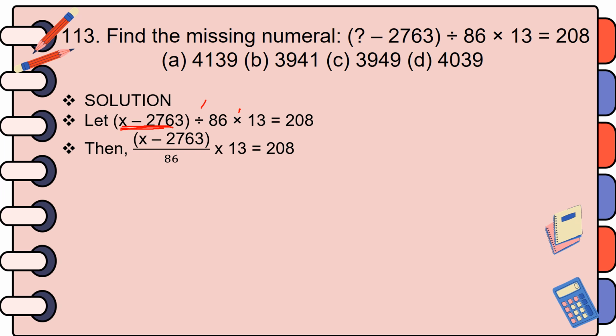That means we make the operation of division first. So we have to divide x minus 2763 by 86, then multiply it by 13. Now we have to eliminate 13 from the left side.